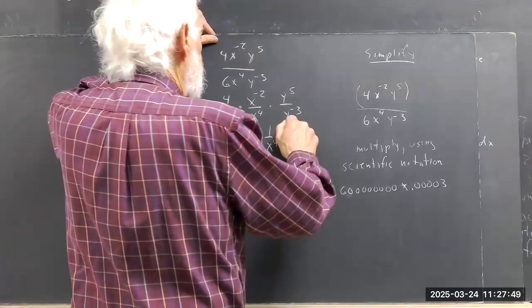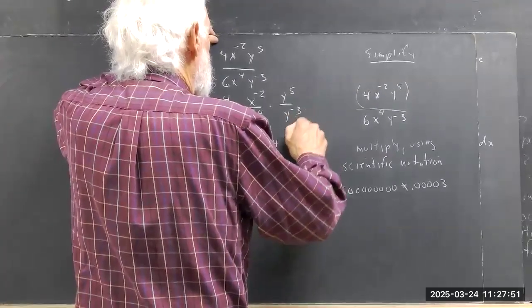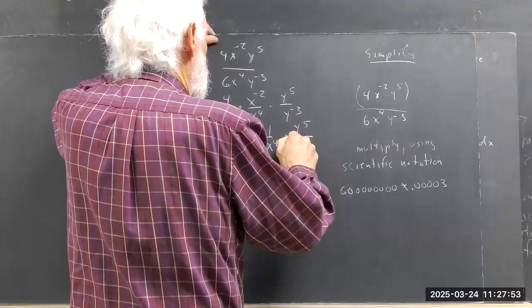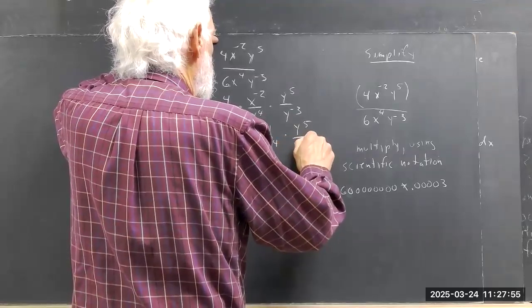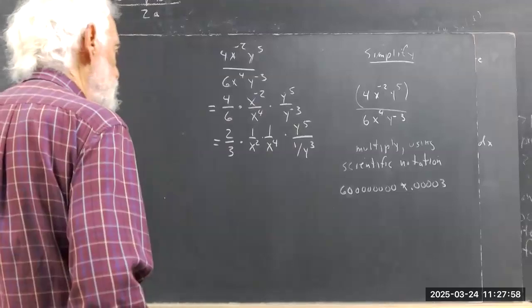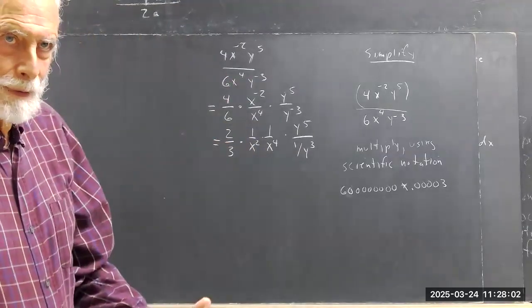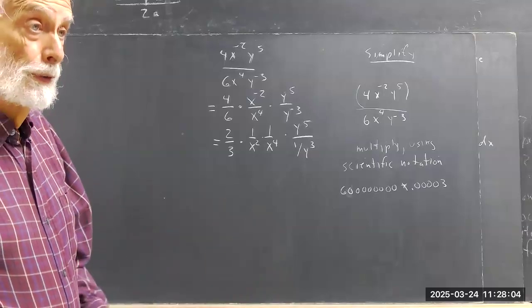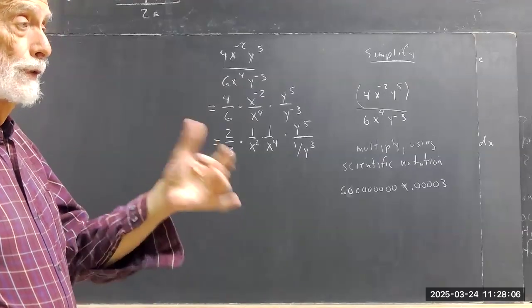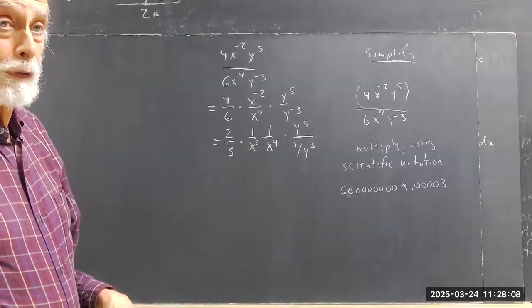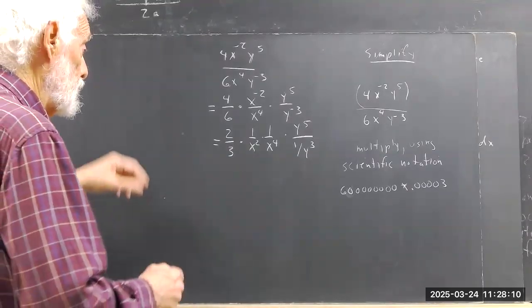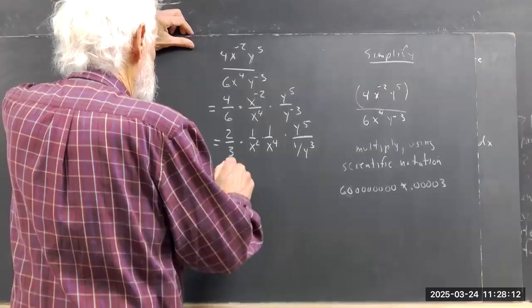And this is like y to the 5th over 1 over y cubed. Now, you don't necessarily go to all this trouble when you write these out. You just kind of flip things from numerator to denominator and vice versa. But I want to be sure we understand why we do that.